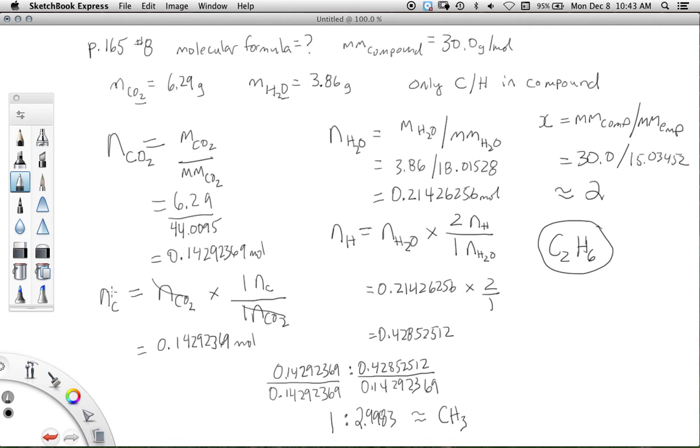So when we get masses, there's a couple ways we can do it, but ultimately our goal is always to get to the moles of each individual piece from the beginning. So when in doubt, find the moles.